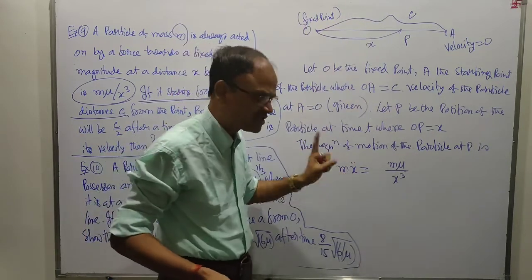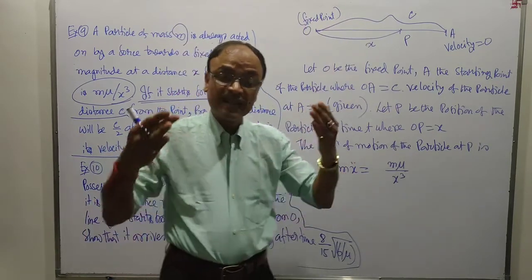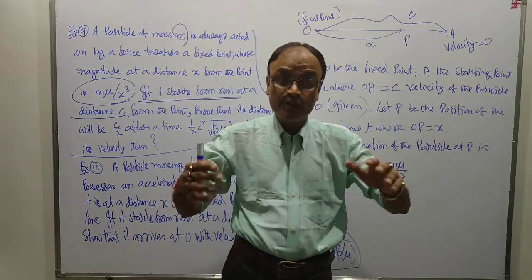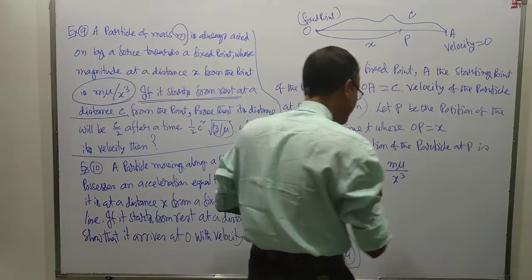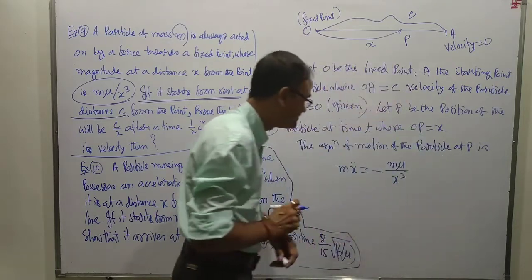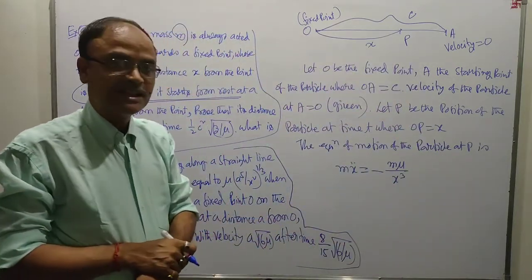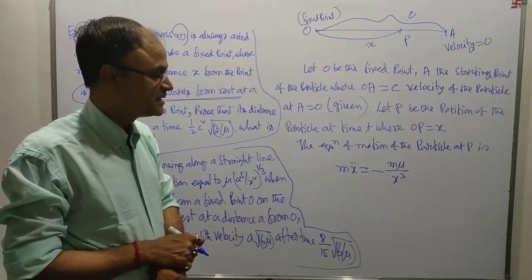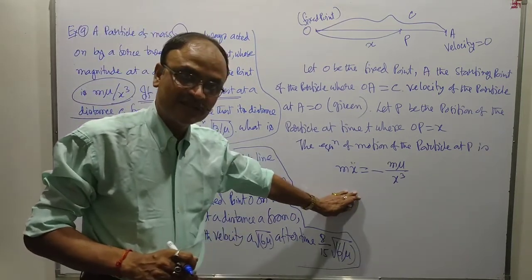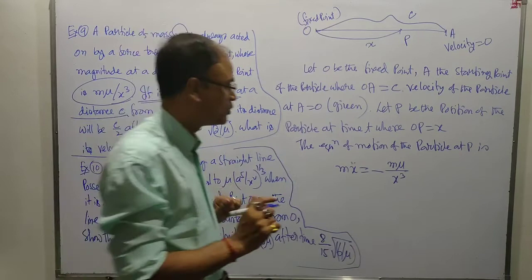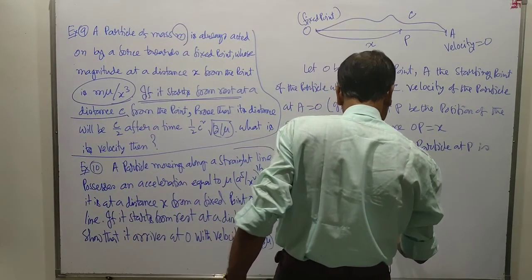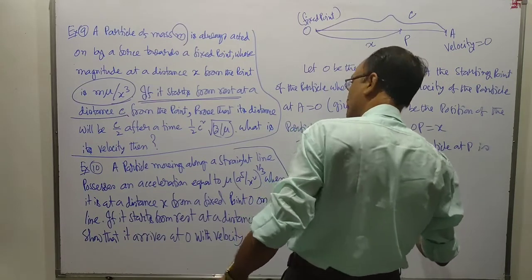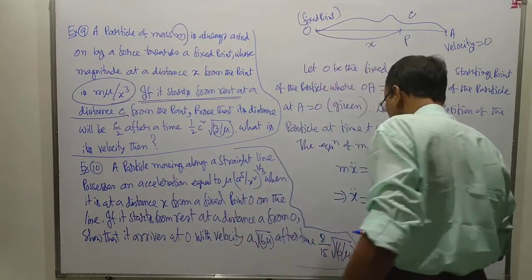But x double dot stands for the acceleration moving in a direction of x increasing. Therefore, we will take a negative sign here. Right? A negative sign should be there. Clear? Is it clear? Now, this means x double dot equal to minus mu x to the power minus 3. You may write here x to the power minus 3.